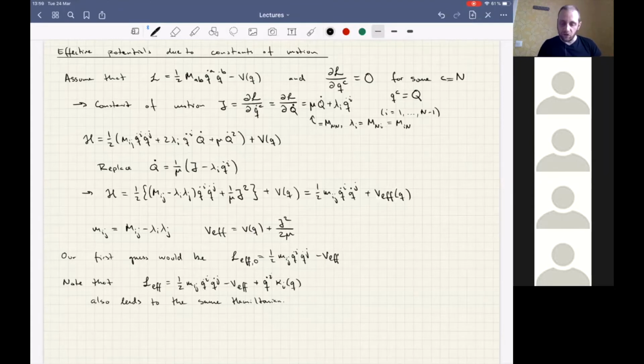And that's because this term that I added here does not do anything to change the Hamiltonian. It gives a contribution both to the term which is a derivative with respect to q dot, but it also gives a term which has the derivative with respect to q. And those two terms in the definition of the Hamiltonian are going to cancel out. And so it's going to give you the same Hamiltonian.